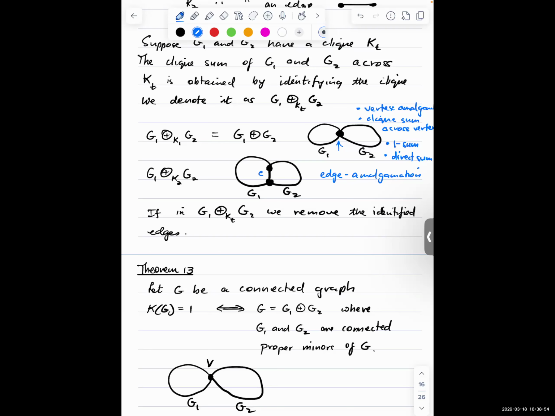In the next talk, I will actually talk about Whitney's two-isomorphism theorem from the matroid context, and then this will come up. So we can also do this for triangles where it gets more complicated. And yeah, so this is edge amalgamation.